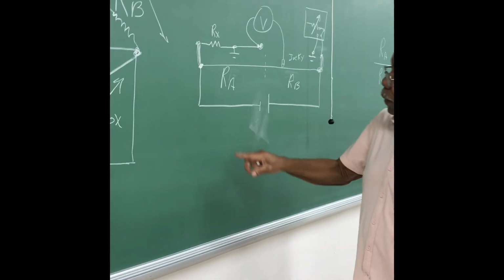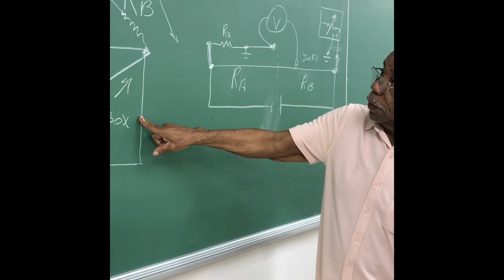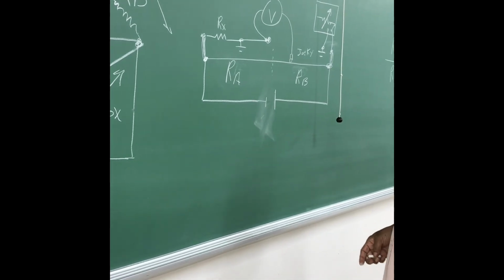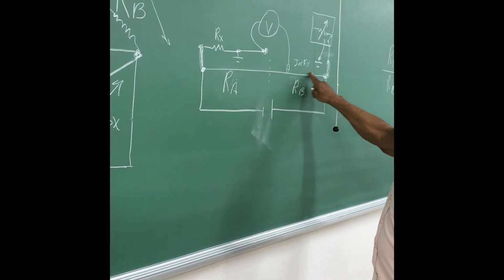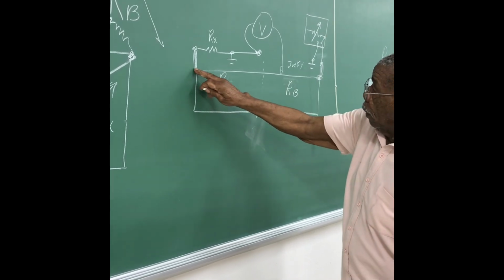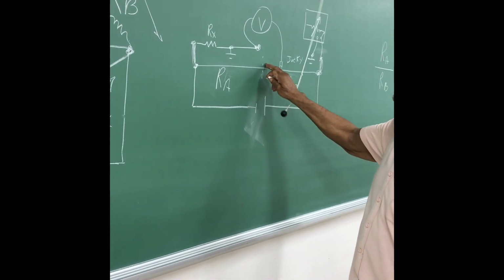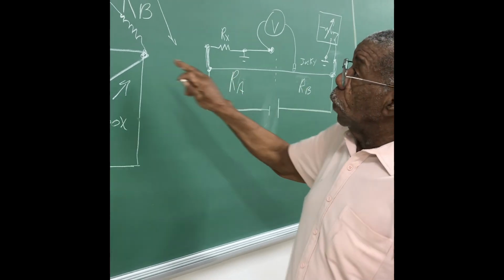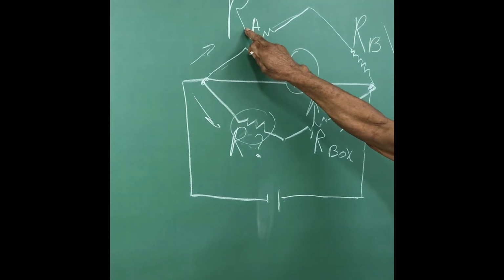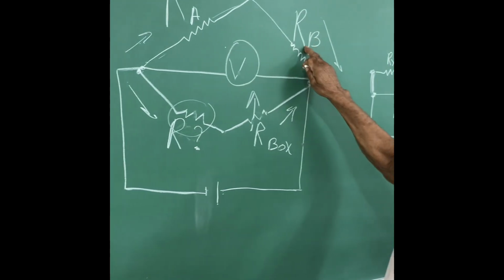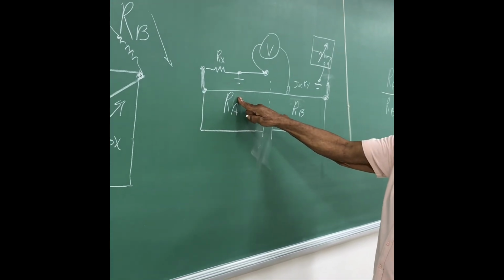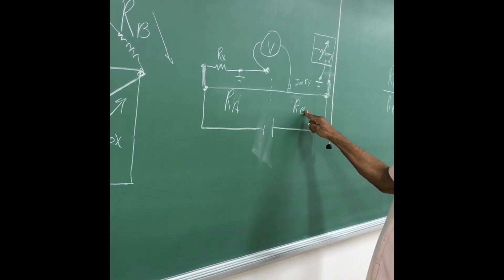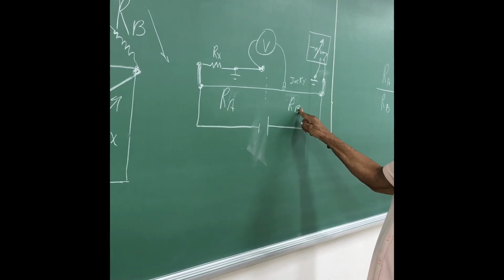But our setup, our Wheatstone Bridge, looks a little different. What we have is a long wire hooked to a board, which will represent resistor A and resistor B. So half of this wire we'll call RA, the other half we'll call RB.